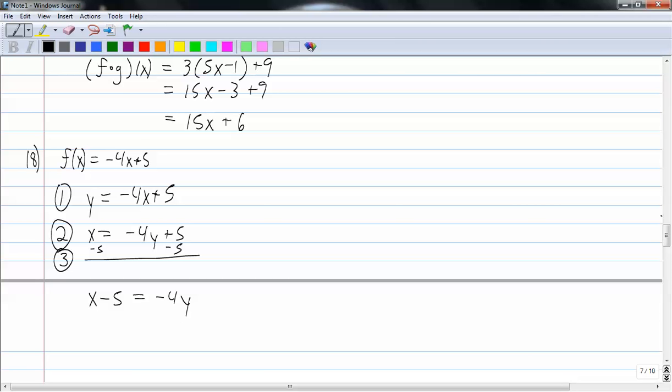Alright, now solve for y. That means I need to divide everything by negative 4. Since I divided each term by negative 4, you can just divide this whole side by negative 4. That's probably better. Alright, so now I have solved for y. y equals (x minus 5) over negative 4.